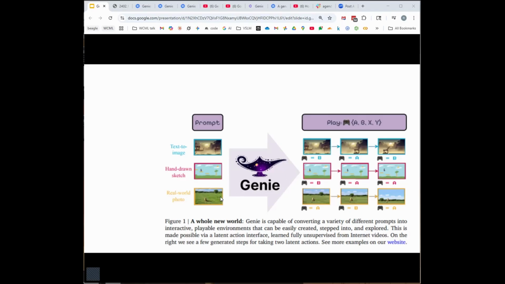It equates most closely to an A, B button type of thing, left, right, up, down. In fact, they call that out there. And then it imagines what would happen in this video game: the character moves right or jumps or whatever. I guess this is the inference side of this Genie model.